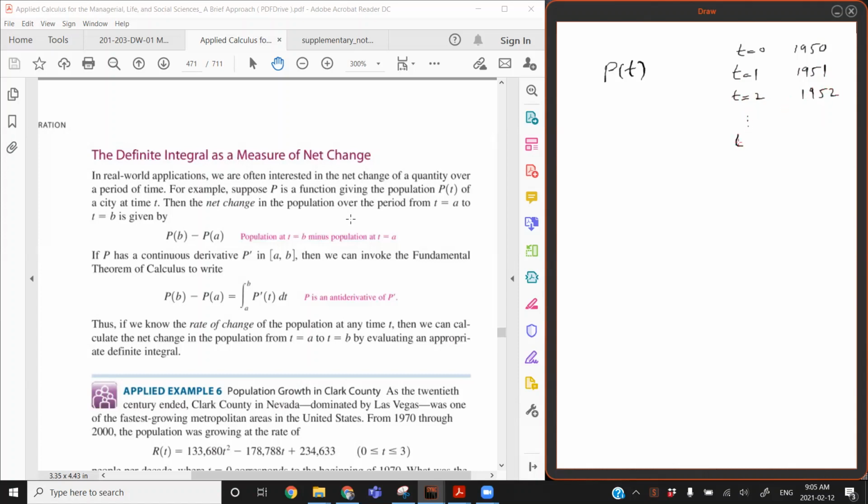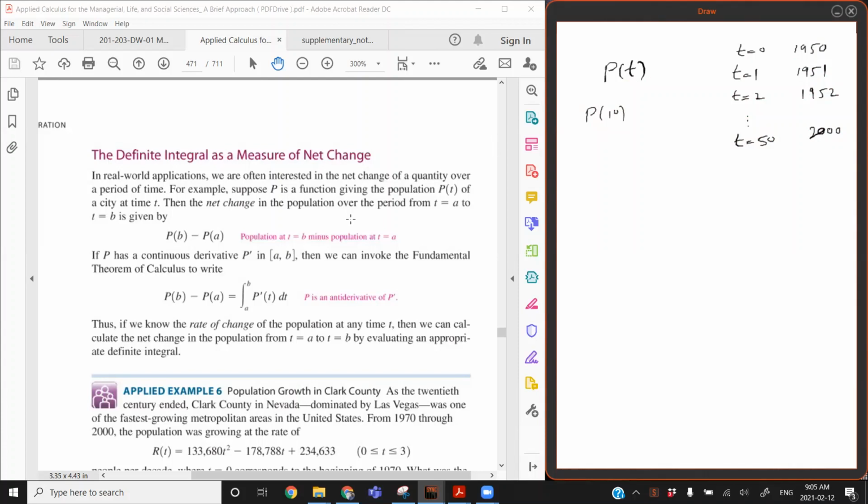So for example, t equals 50 would represent the year 2000. If I plug in 0 in this function, that would be the population in the year 1950. If I plug in, for example, 10 into this function, that would be the population in the year 1960. So this gives you the total population at any year since 1950.